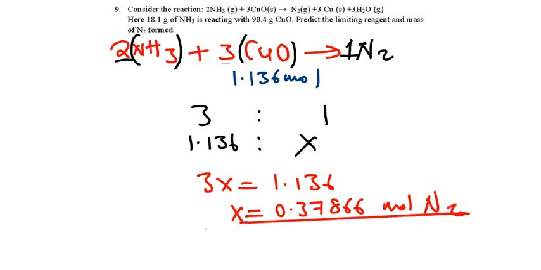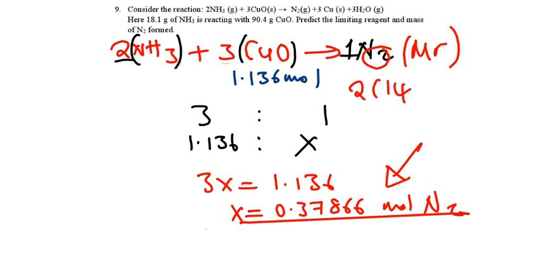To find the mass, we've got the number of moles. We can find the molar mass of our nitrogen easily. We know it's 14.01 times the 2, which is a subscript. So 2 times 14.01, that's like 28.02 grams per mole.